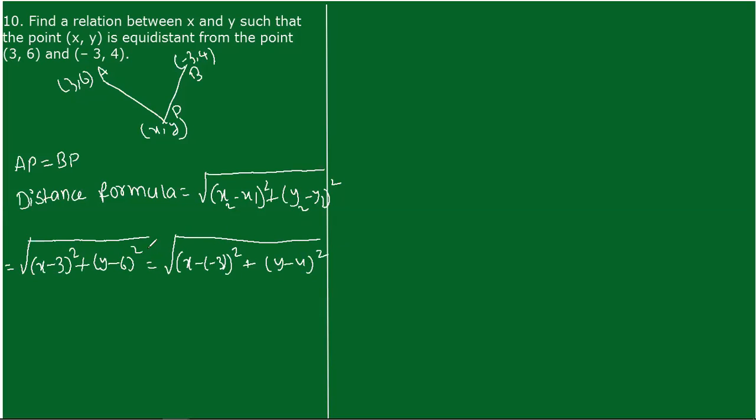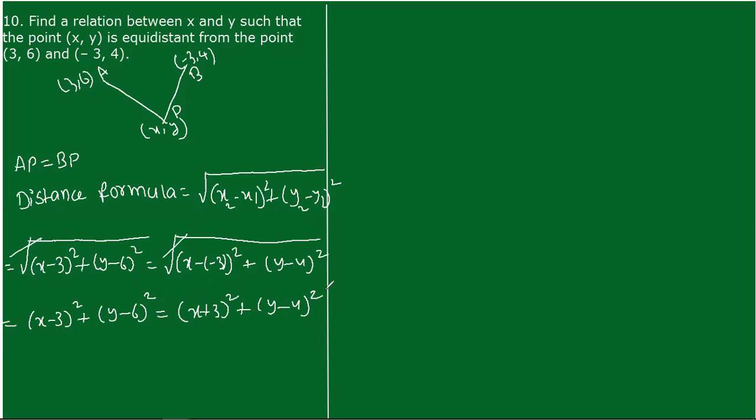On LHS and RHS I have a square root, so I can cancel it. The remaining values are (x minus 3) whole square plus (y minus 6) whole square is equal to, minus into minus plus, so (x plus 3) whole square plus (y minus 4) whole square.